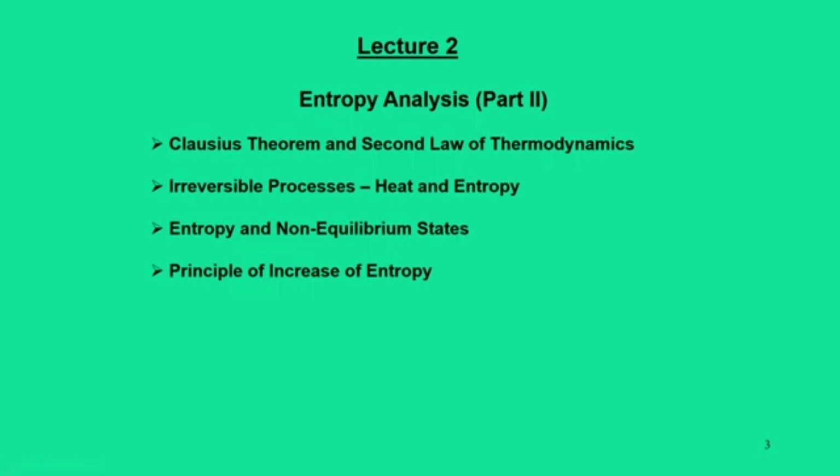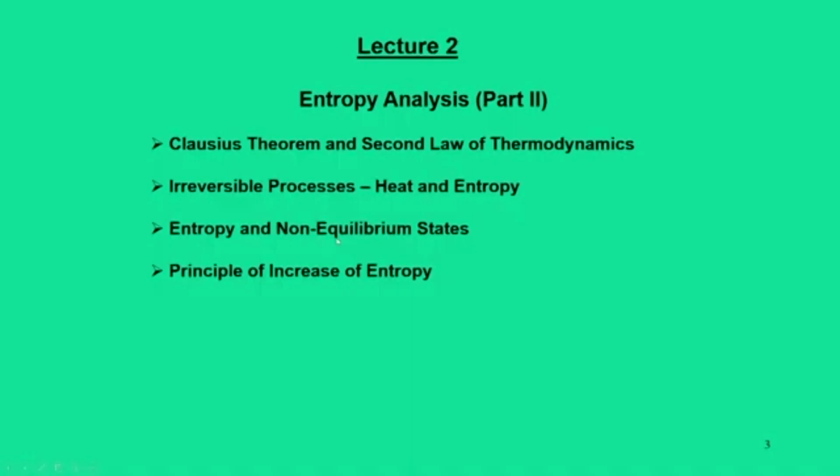What we found is the cyclic integral of Q by T. So this was stated as a theorem for reversible processes. The theorem states that the cyclic integral of the parameter is always 0. This is the Clausius theorem, which is the basis to consider and calculate entropy.